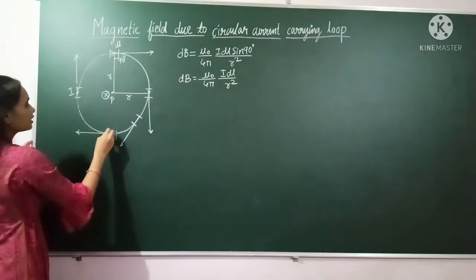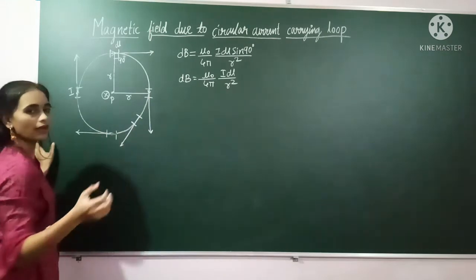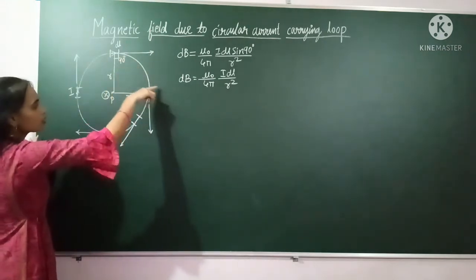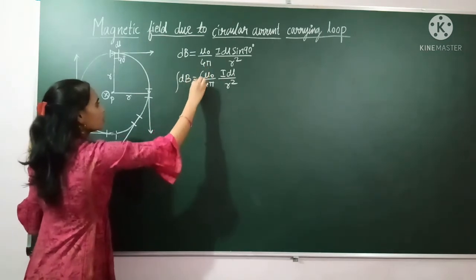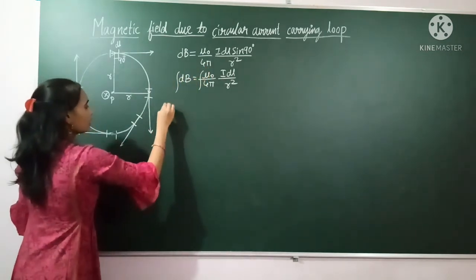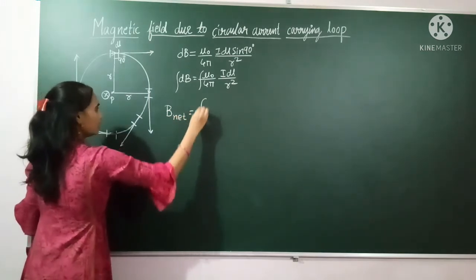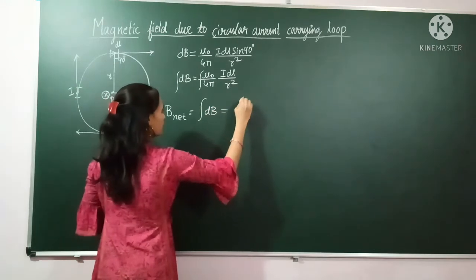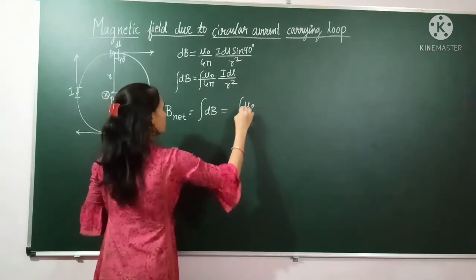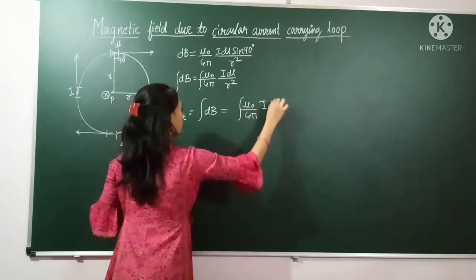So if you join all these small current elements, then we will get the magnetic field for the complete wire. Now we will apply integration on both sides. The net magnetic field will be calculated by integrating the magnetic field. Integration of mu naught divided by 4 pi, I dl divided by r square.